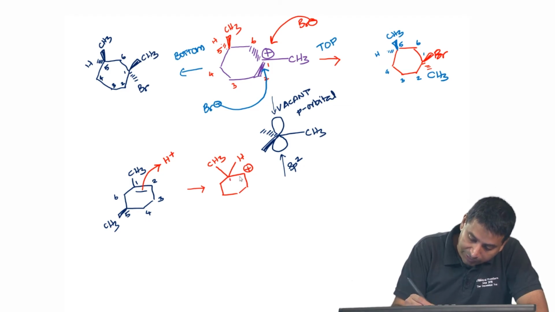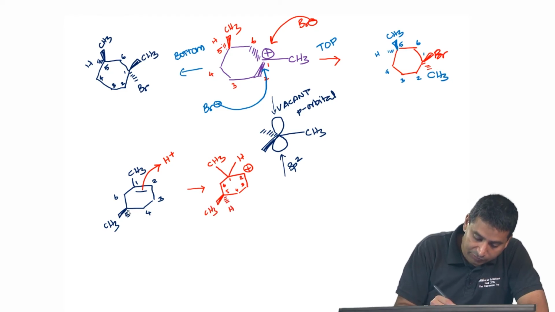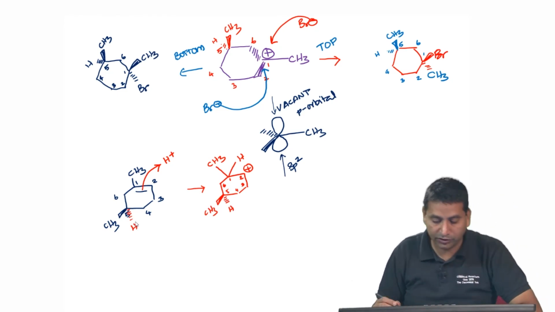Just again, so that we keep track, this is 1, 2, 3, 4, 5 and 6, and in the fifth carbon the methyl group remains intact. Okay. Just for the sake of completion, let us draw out this hydrogen.